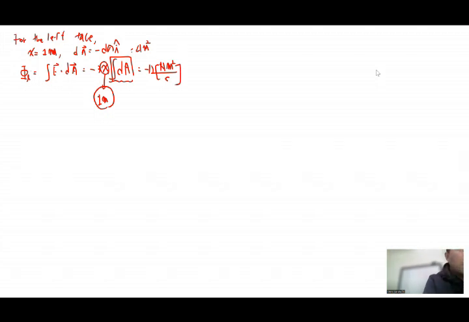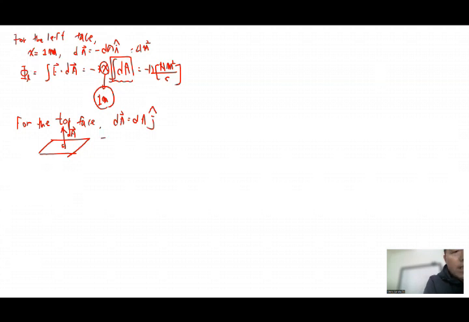Now let's estimate the flux on the top face. The top face is pointing upward, so the area vector dA points upward and can be expressed as its magnitude times the unit vector j.